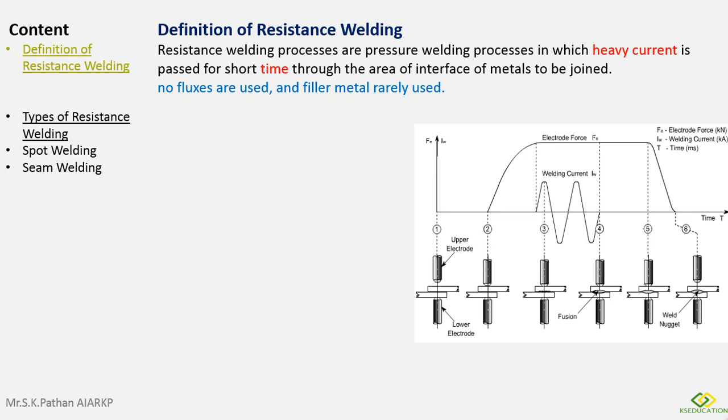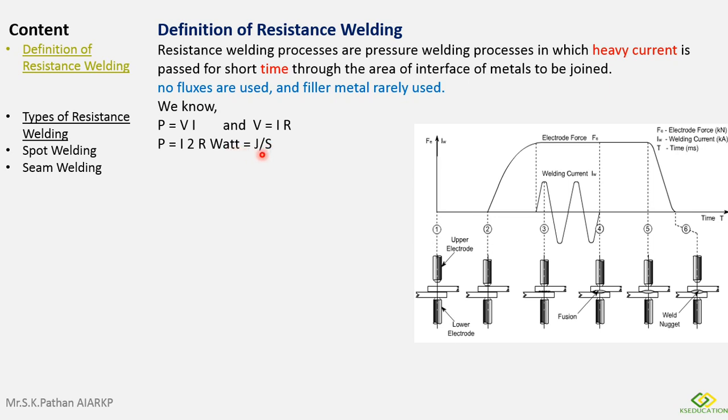But to understand this more clearly, we need to know that power is equal to V into I, that is voltage into current, in electrical terms, where voltage is equal to I into R, that is current into resistance. If you put the value of V into this, we will get I square R, that is current and resistance, in watt, equal to joule per second.